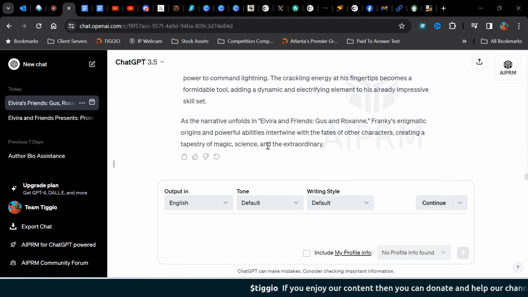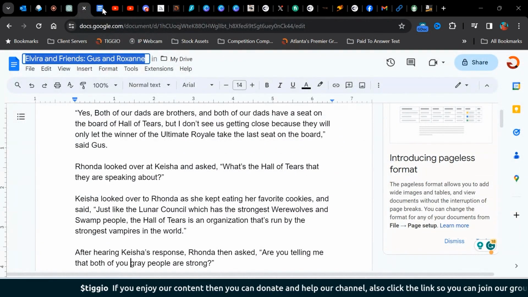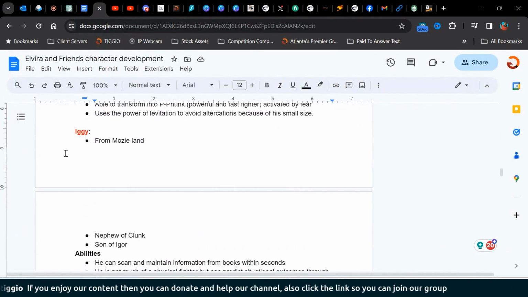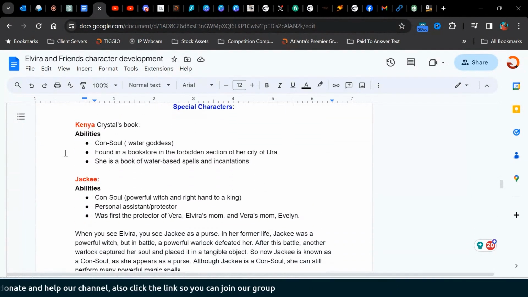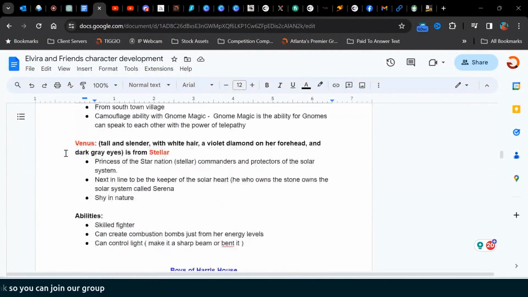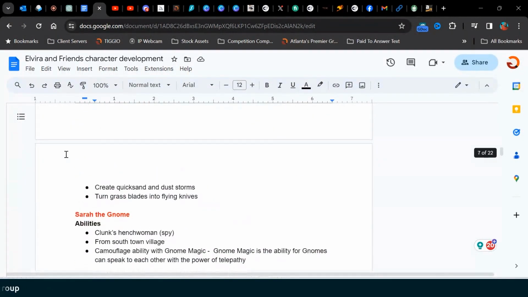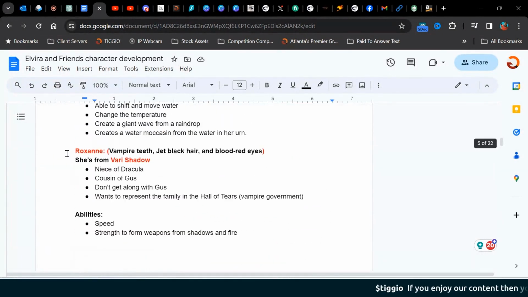All right, so there's two more characters that we're going to say will appear in this, and these are friends of Roxanne. Three more characters that will appear in this one.